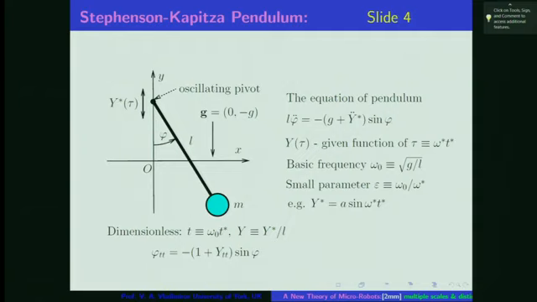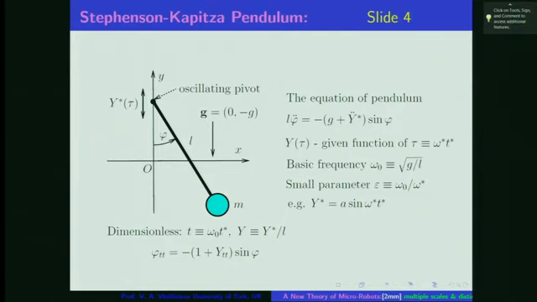Phi is the angle, g is gravity, which is minus g in the y component, and this is vertical acceleration, which appears as modulated gravity, of course, according to Einstein's principle of equivalence. Sine phi is as usual. So vertical oscillations are a given function of omega t with some frequency, a periodic function, of course.